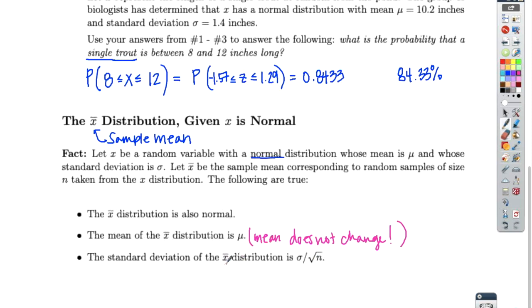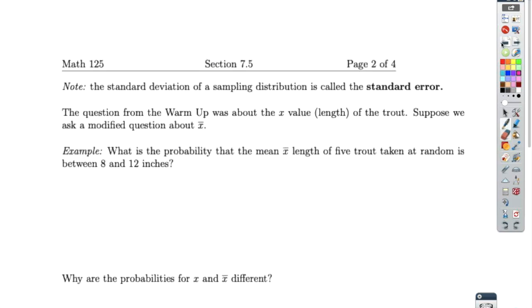So the new standard deviation, and we actually call it sigma with a little subscript x bar, so that tells us it's the standard deviation of the x bar distribution, is the original standard deviation divided by the square root of n, and n is those sample sizes. So with that in mind, note the standard deviation of a sampling distribution is called the standard error. We won't use that too much, but you might read that in your future statistical studies.